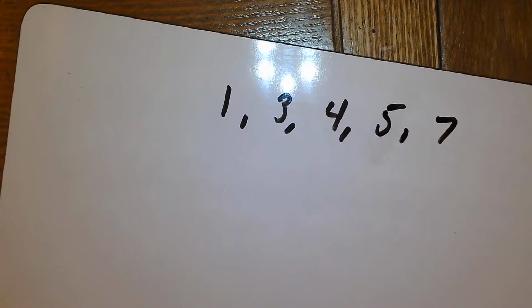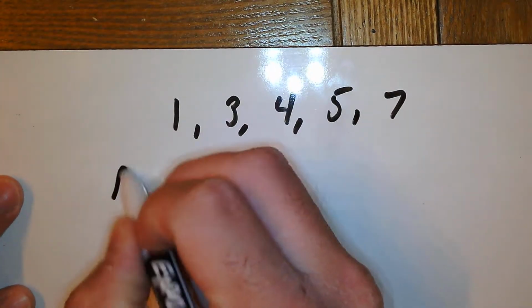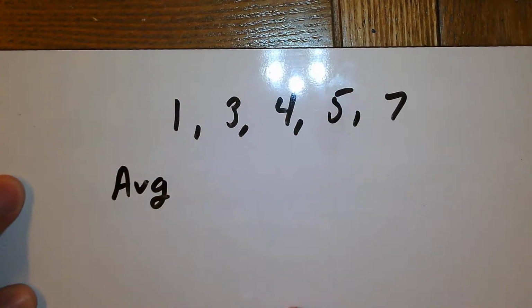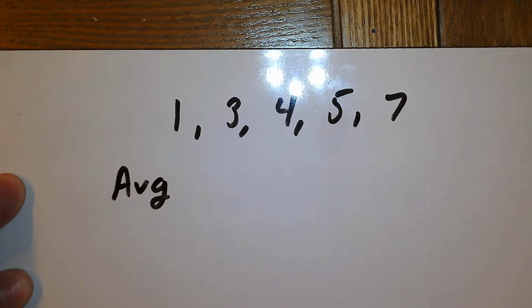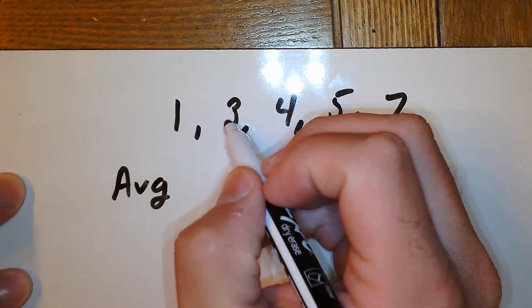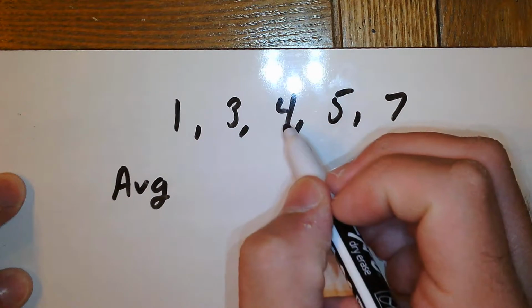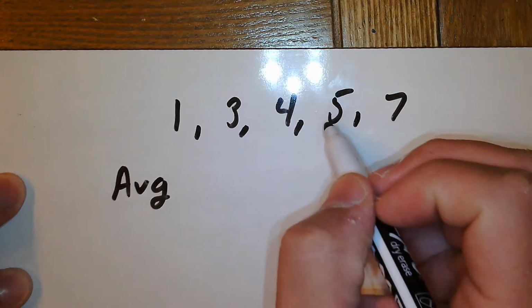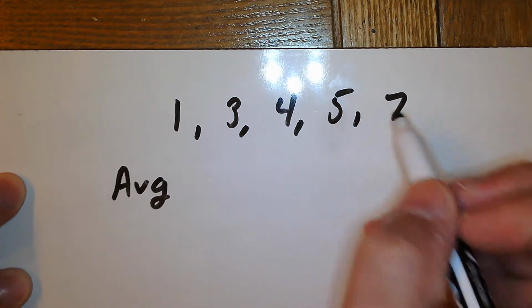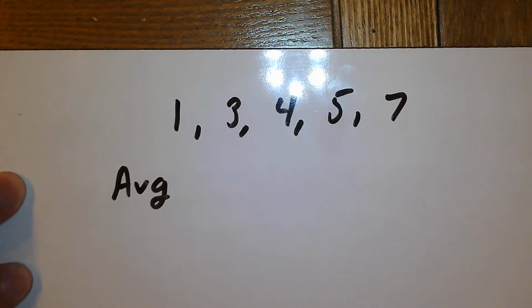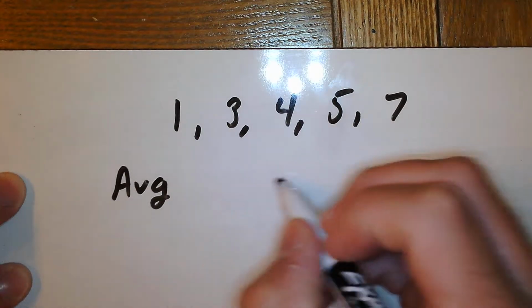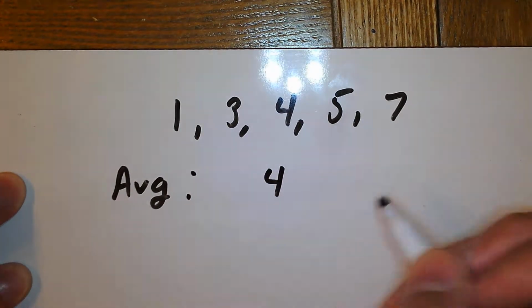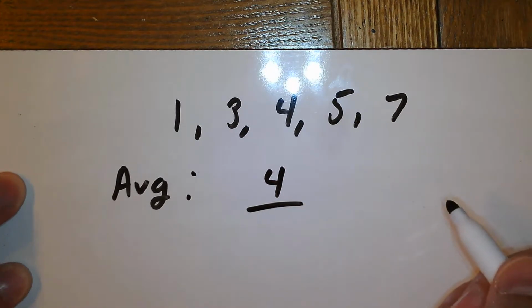Now we need to find the average, or the mean. If we add those together, 1 plus 3 is 4, 4 plus 4 is 8, 8 plus 5 is 13, 13 plus 7 is 20, and then that divided by 5 would be 4. So the average is going to be 4.